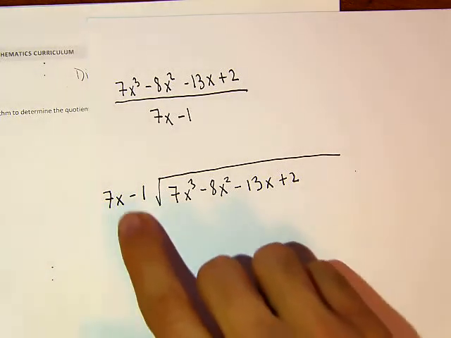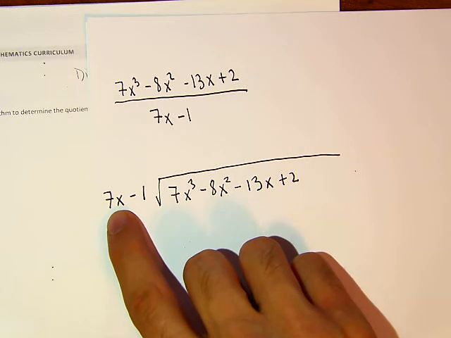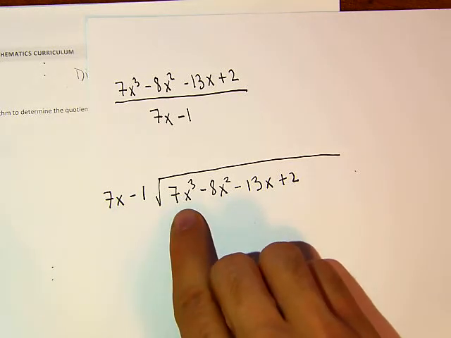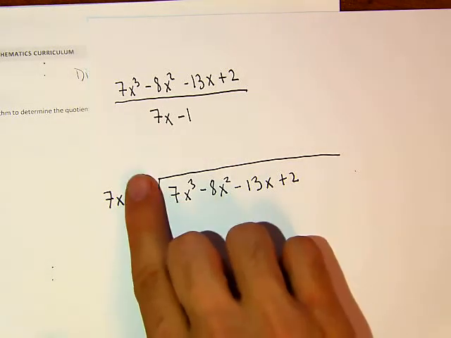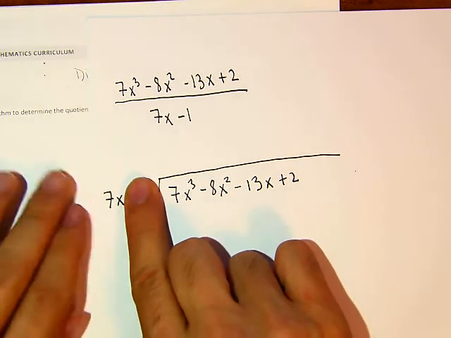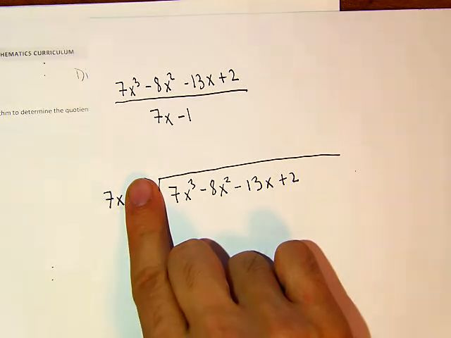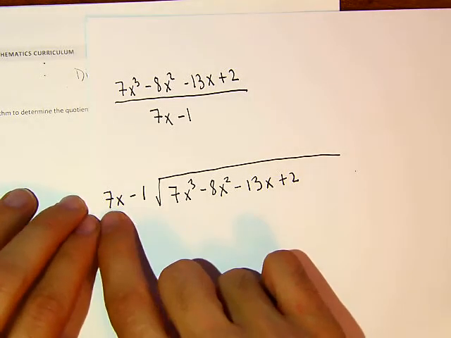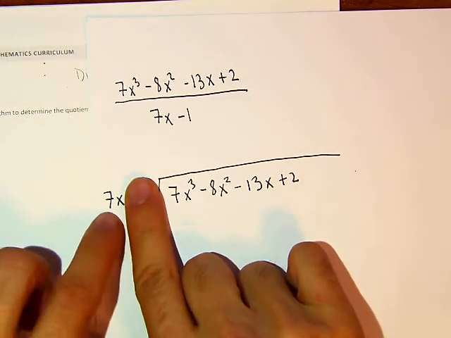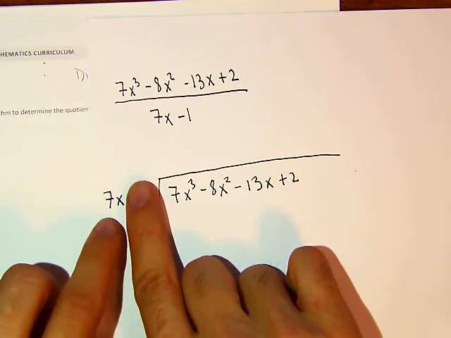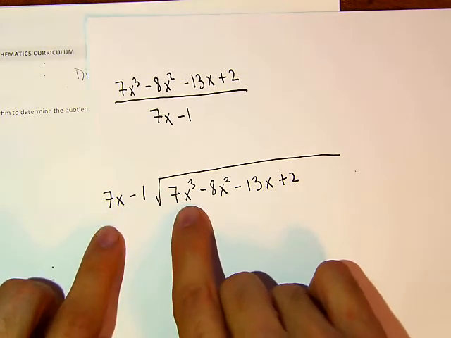How many times does 7x go into 7x cubed? We're going to ignore this minus 1. You always look at the term all the way to the left. You ask yourself, how many times does 7x go into 7x cubed?